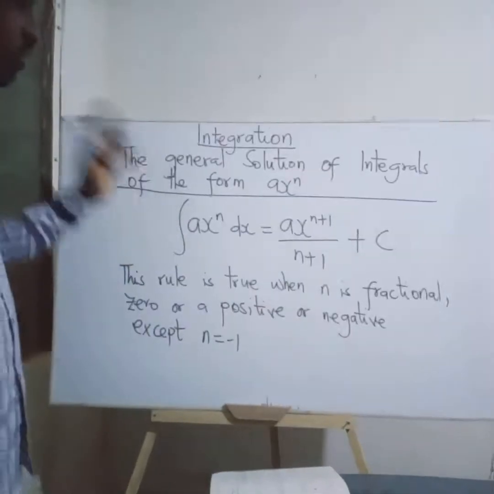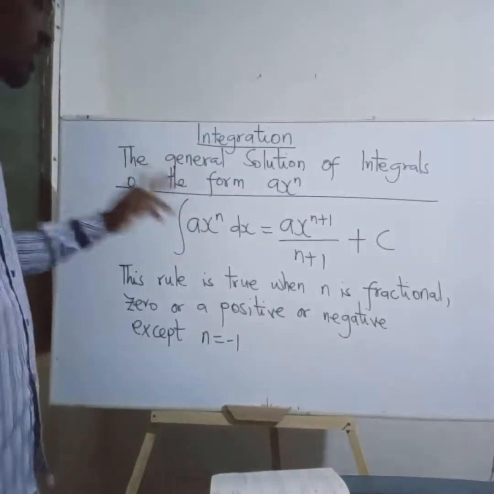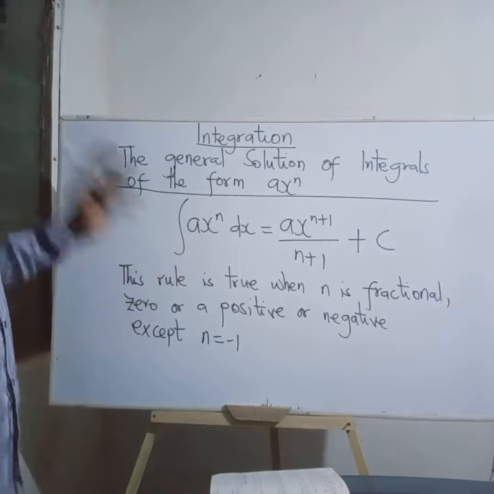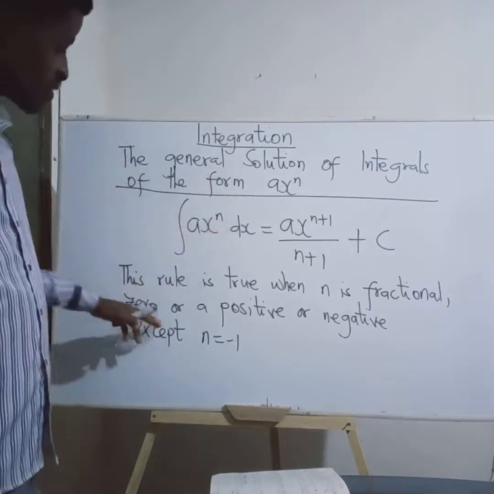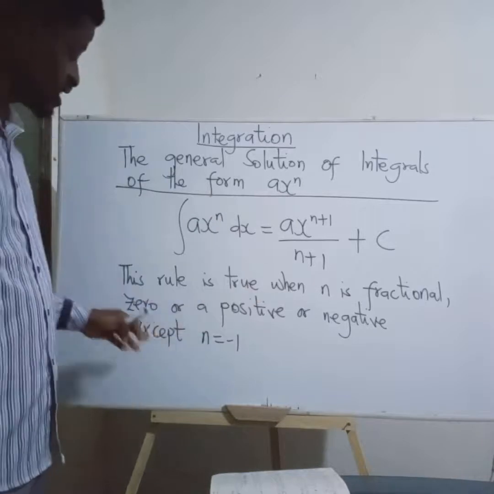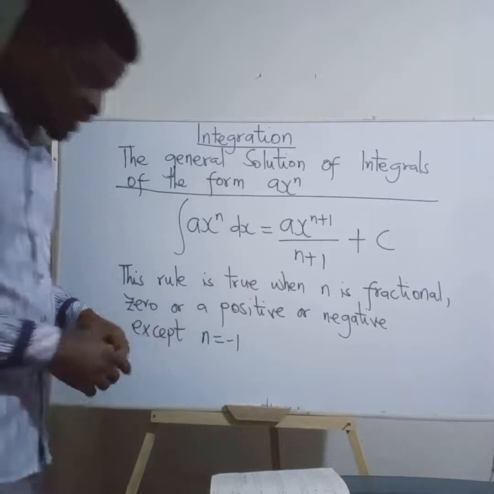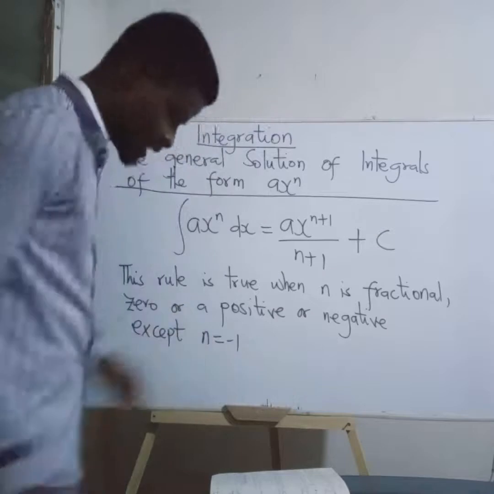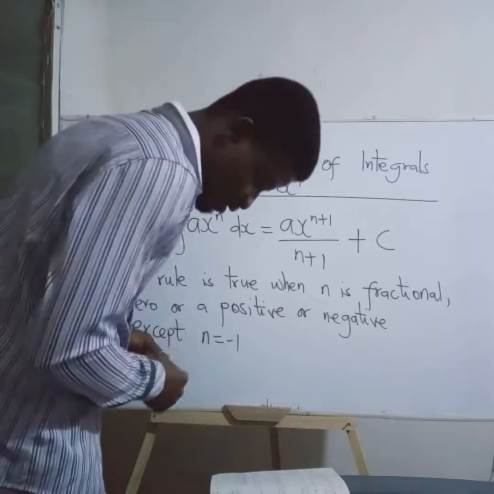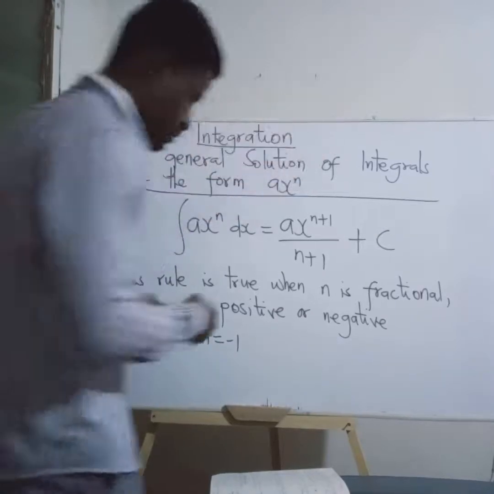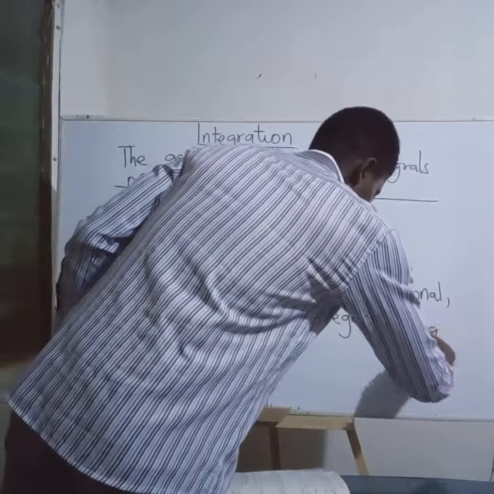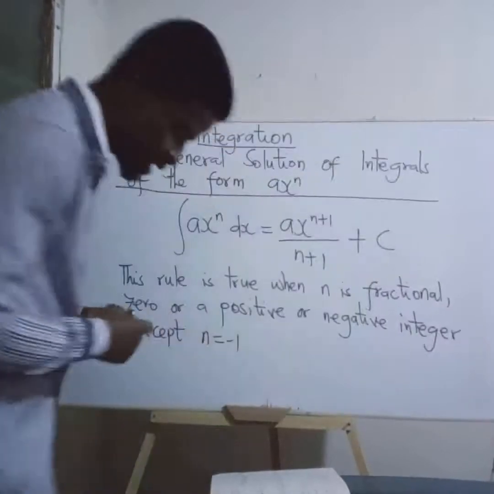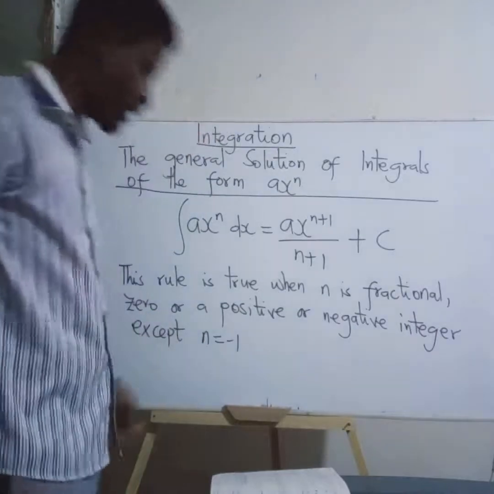This rule is only true when n is fractional, 0, or a positive or negative integer, with the exception of -1.